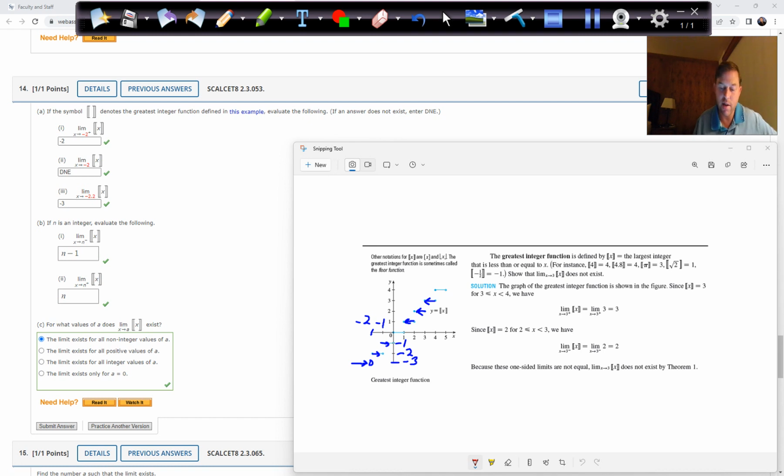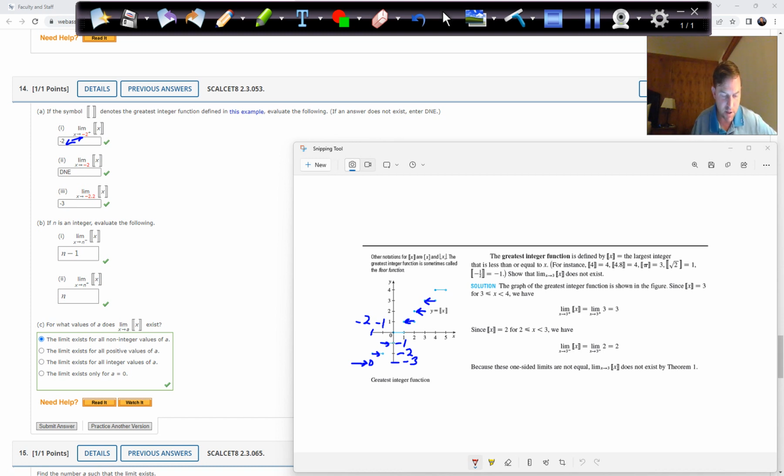So in those cases, from the right side, I am on the same number. So whatever number I'm approaching, I'm on that number. So we can see that from the right, I was approaching -2. The answer is -2. I guess I didn't have one from the left. I just showed it on my own. So if you're coming from the left, you're actually going to be at the -3 line.